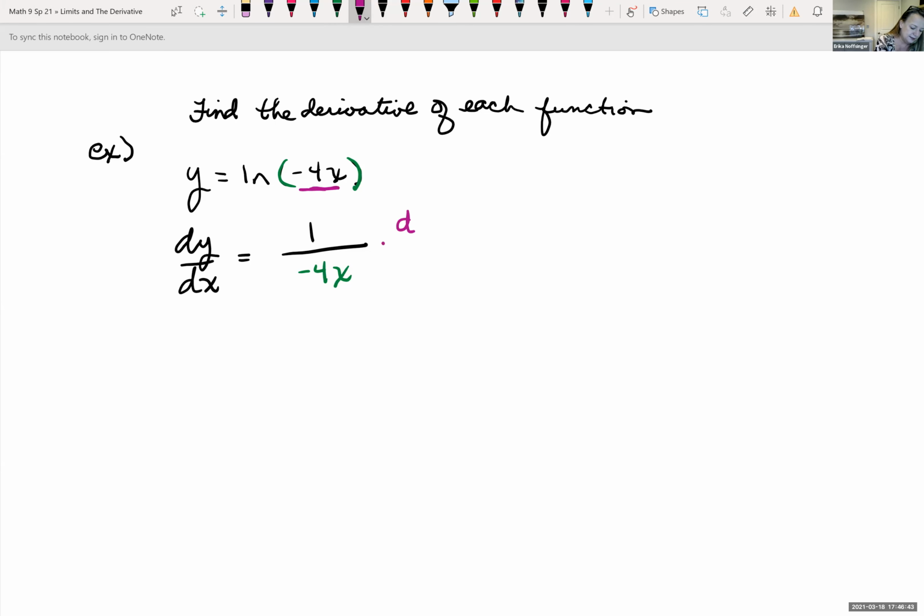So times d dx of negative 4x. So the derivative of y with respect to x is 1 over negative 4x, and the derivative of negative 4x is just negative 4.